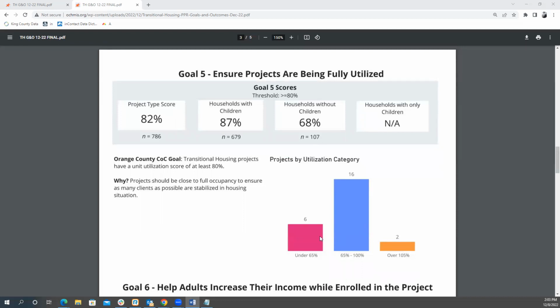And then the bar chart is counting the number of projects that are included in this measure and what their unit utilization is. So for HUD, 65% to about 105% is considered normal. So most of our projects fall into that category. But our threshold for the percentage of units and beds that we want occupied is 80%.